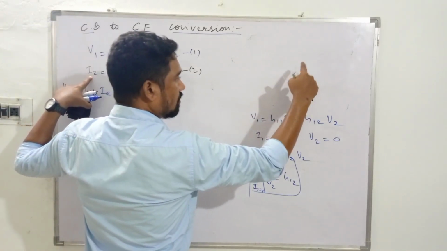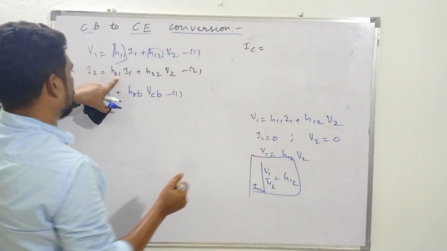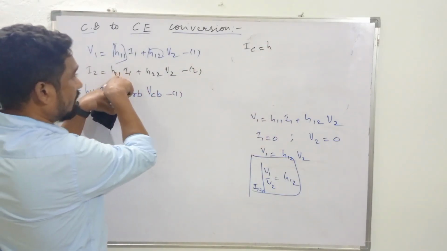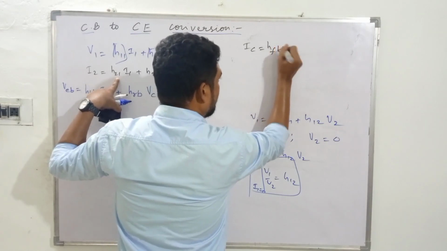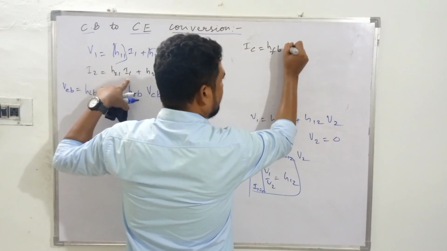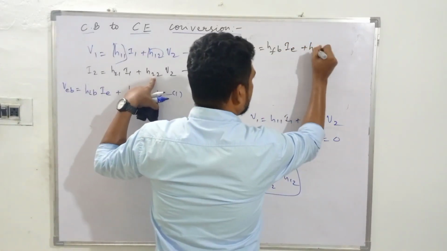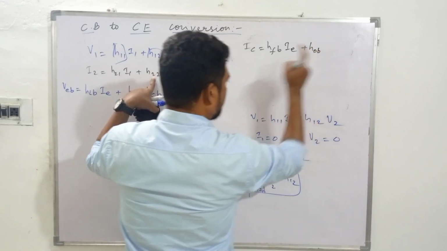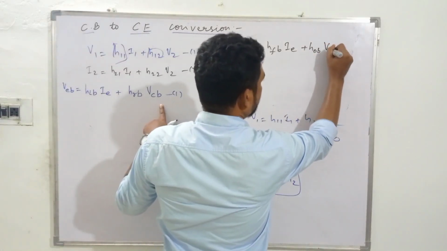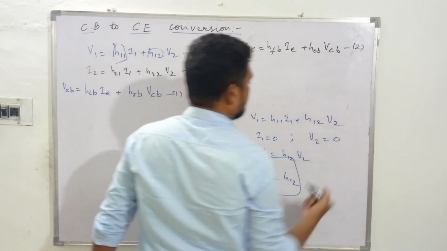I2, the second output current, is IC, which is equal to HF, forward gain HF, with suffix B because it's common base, times I1, which is IE for common base, plus HOB because of base configuration, times V2, which is once again VCB. So this is equation 2 in terms of common base.